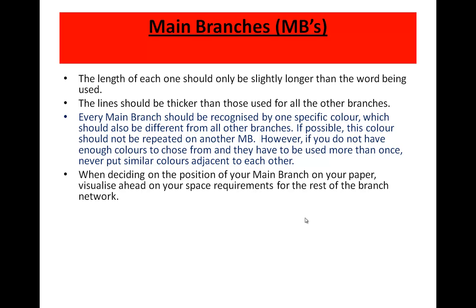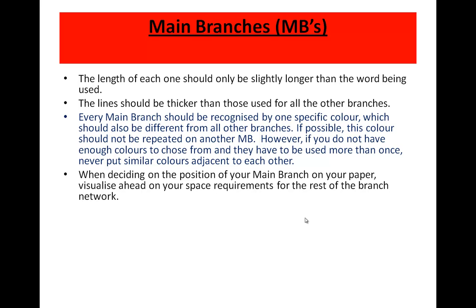Right, the next thing radiating out from it are the main branches. The length of each one should be only slightly longer than the word that you're using. And once again, we will see what words or images and things we put on these brain trees in a moment. The line should be thicker than those used for all other branches. Every main branch should be recognized by one specific color, which should also be different from all other branches.